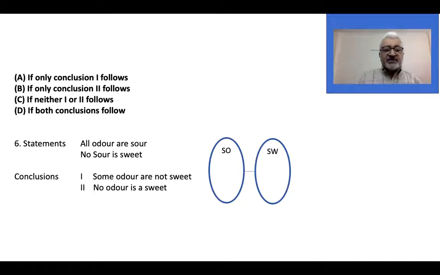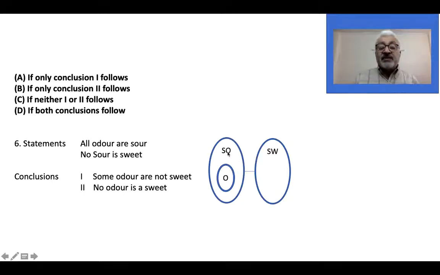Now we'll take the first one. All odor are SAR. So odor has to be inside SAR. Is this a representation of all odor are SAR? Absolutely. Hence, we'll consider this diagram. So now it says some odor are not sweet. Odor is supposed to be inside SAR, and SAR is not supposed to meet sweet.